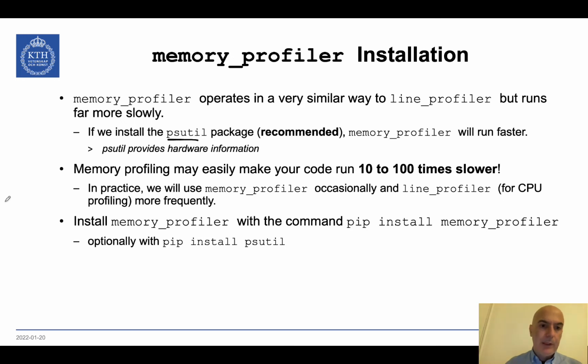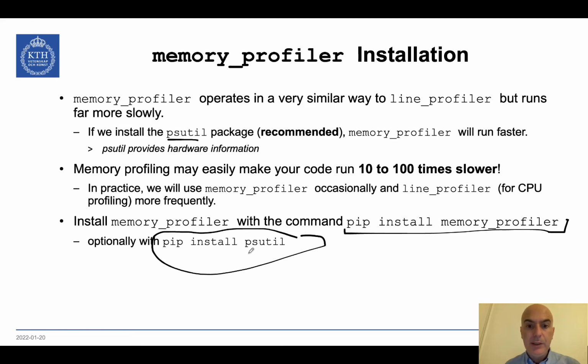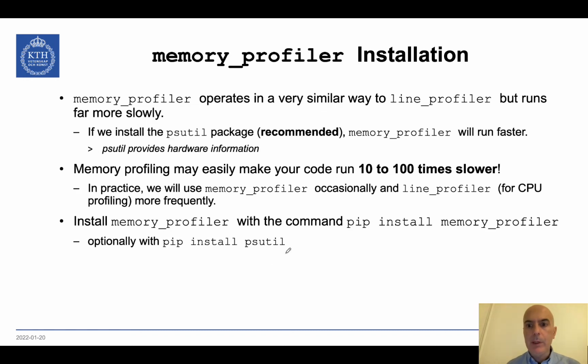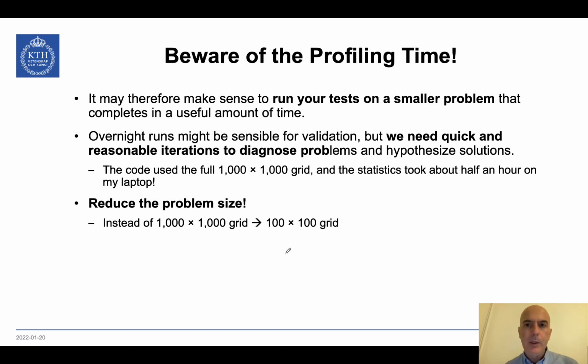To install it, we use pip with the command line pip install memory_profiler. And as I told you before, it's highly recommended to install psutil first to improve the efficiency of the profiling.